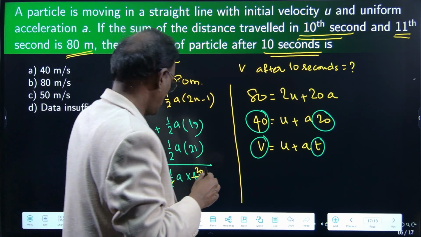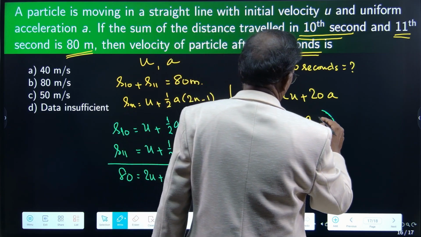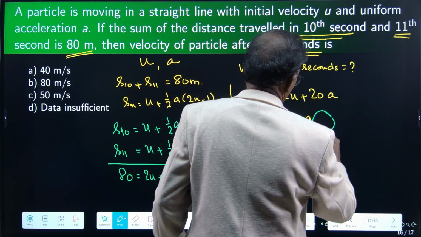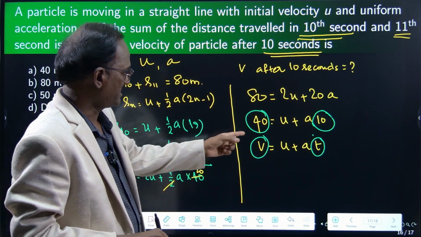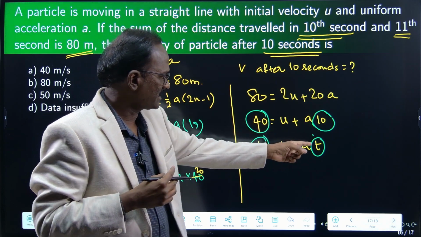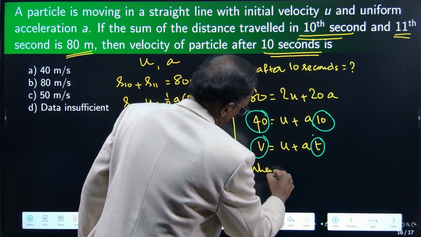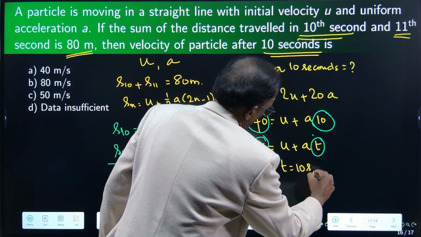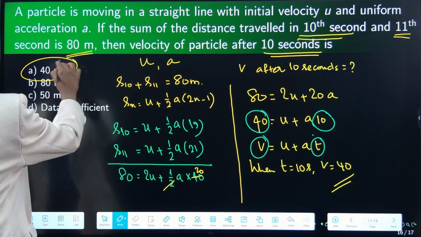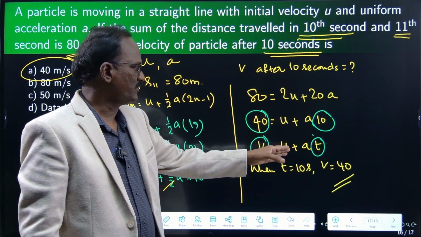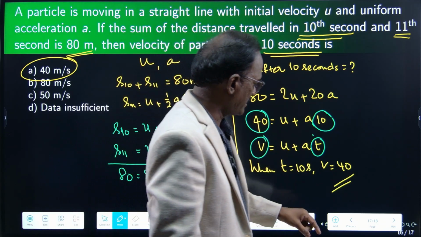I think this is 10 seconds. Yes, this was a mistake. Now it is right: instead of v it is 40, instead of t it is 10. So when t is equal to 10 seconds, v is equal to 40. We are comparing our equation with the original kinematic equation and we get v is equal to 40 meter per second at t is equal to 10 seconds.